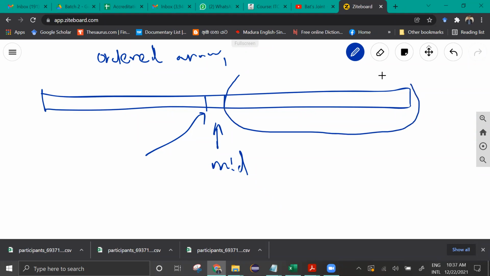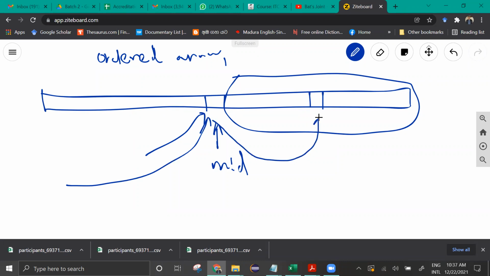Suppose we consider this part, and then we find the middle value. Actually, it is like we jump to the middle and then we jump into the middle of this part. And based on the comparison, we jump to the middle of one of these. So likewise, we are jumping into the middle.